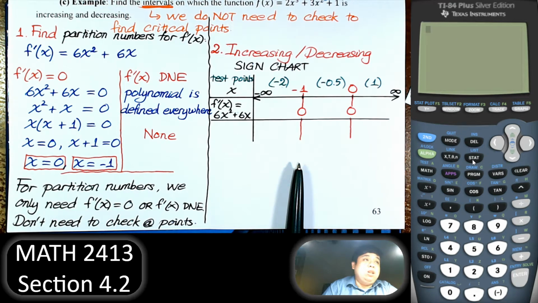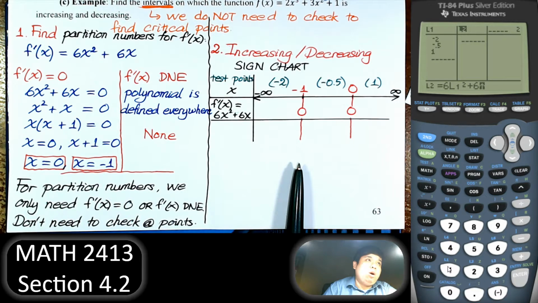Again, I'm going to use the list: stat, enter. Let's clear the list. Enter -2, -0.5, and 1. To evaluate, highlight the list and enter the function with the list name instead of x.